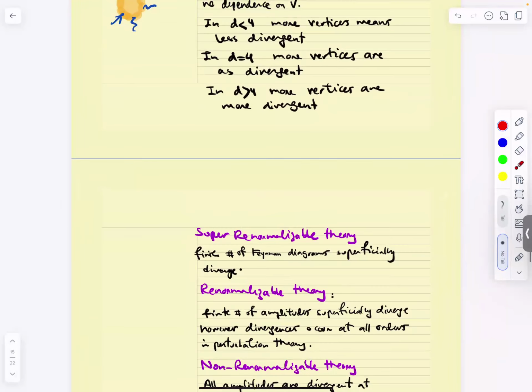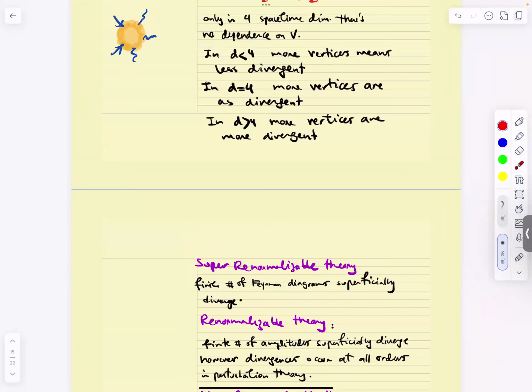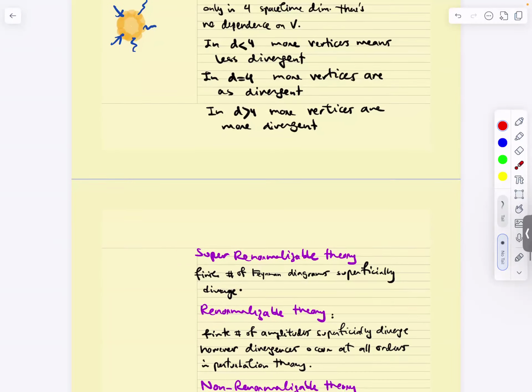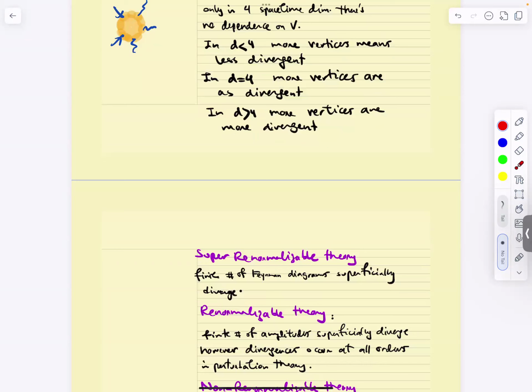In QED, d less than 4, there's a finite number of Feynman diagrams that superficially diverge. I repeat, this analysis is based on naive dimension counting that, as we said, does not always capture the correct divergence structure of the diagrams. However, it could still be used for classification of theories for reasons that will become clear later.